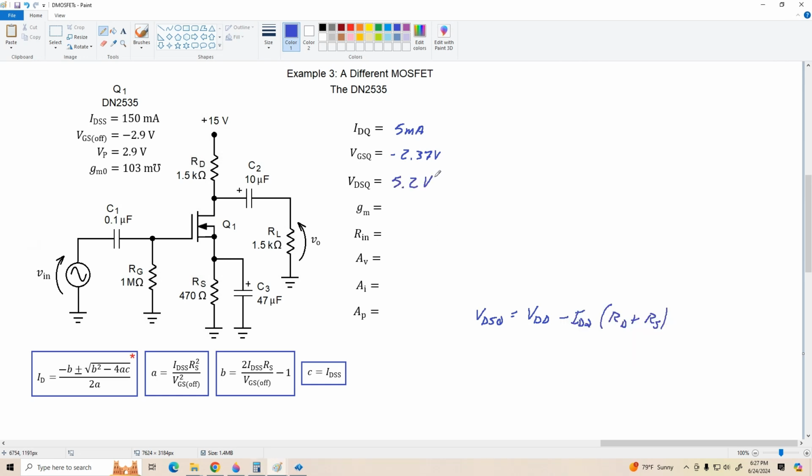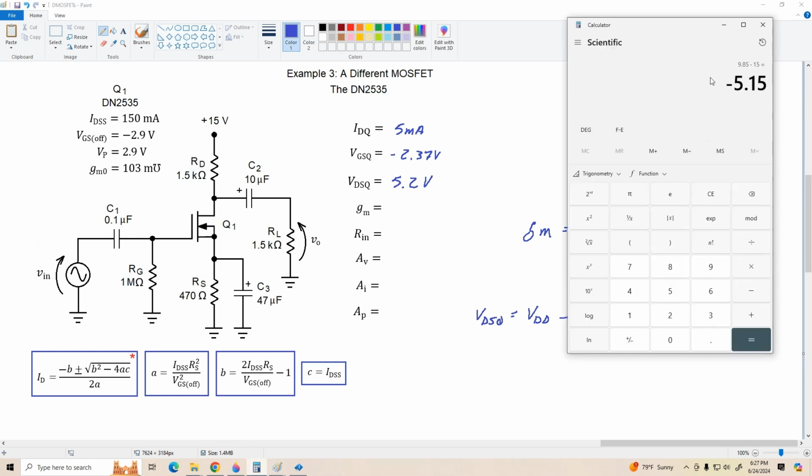All right, our transconductance we know is GM equals GMO times 1 minus VGS over VGS off. All right, so let's see what we come up with here. VGS is 2.37, I'm ignoring the negative signs, divided by 2.9.